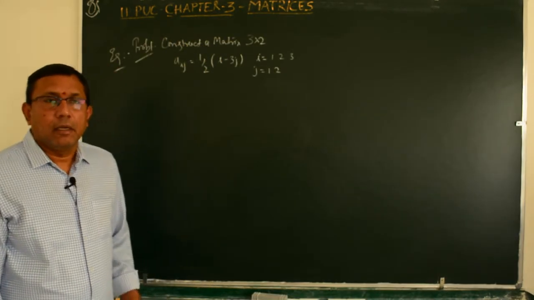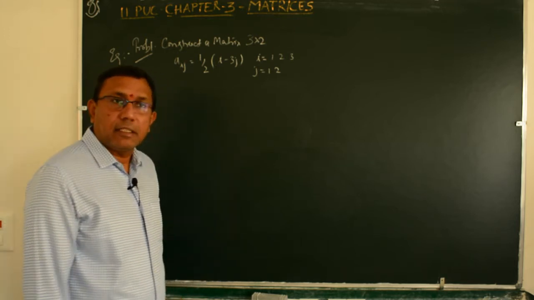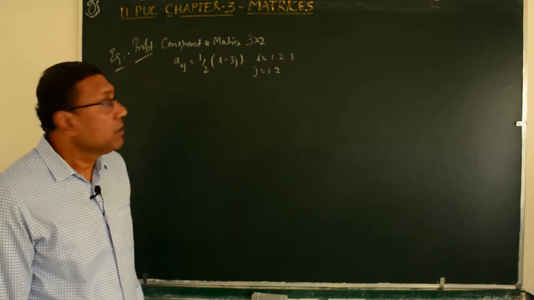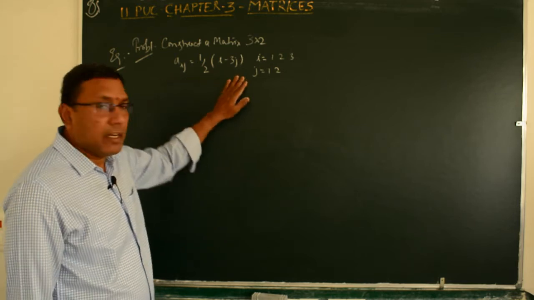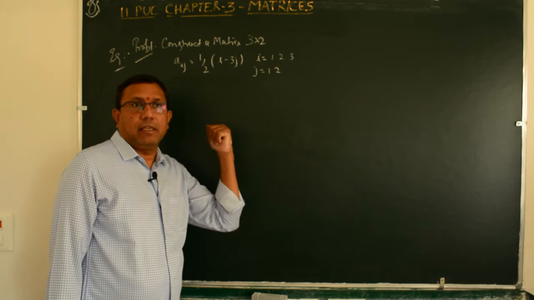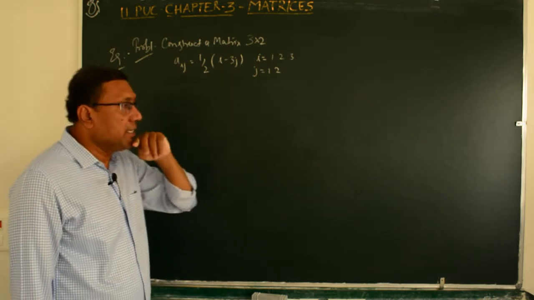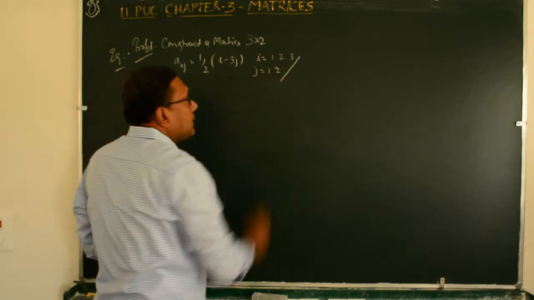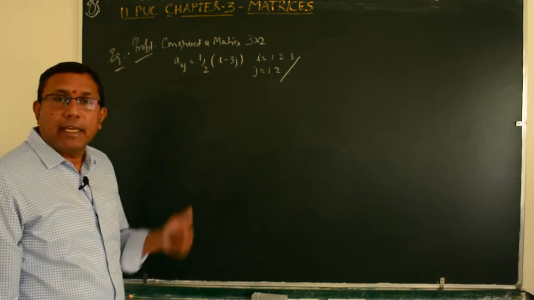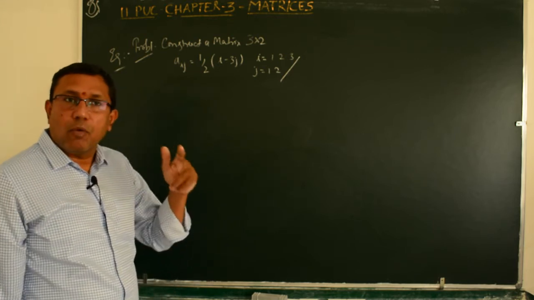Okay, students, let us take one example from the textbook. It says to construct a matrix of order 3 by 2, where the element Aij should be half of I minus 3j. So please understand, the order of the matrix is 3 by 2. I can take values 1, 2, 3 and j can take values 1 and 2.